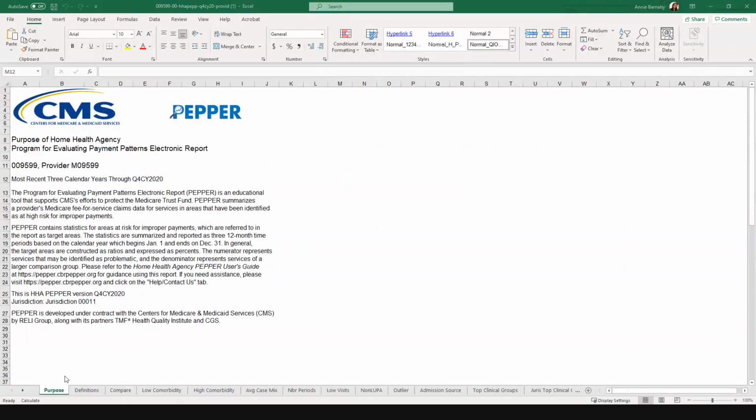And you can see down on the bottom here these different tabs for each of the target areas, and then for some other information as well. For instance, this first tab is the purpose tab. It shows us what PEPPER we're looking at, the Home Health Agency PEPPER for the most recent 3 calendar years. You can see through Q4 CY 2020. It tells you a little bit about PEPPER. It tells you, again, the PEPPER version that you're looking at, the jurisdiction that your home health agency falls under.